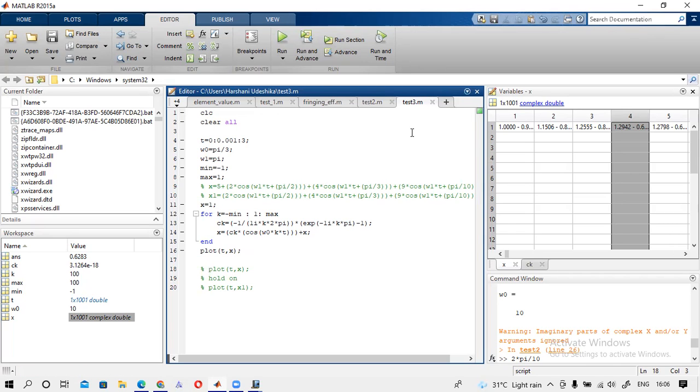But some theoretical part is also involved here. This kind of thing is included in normal signal and system labs.